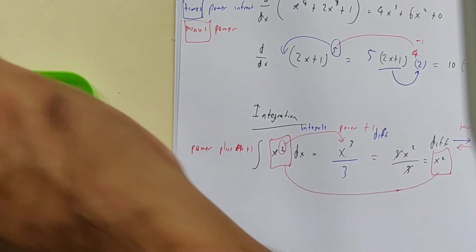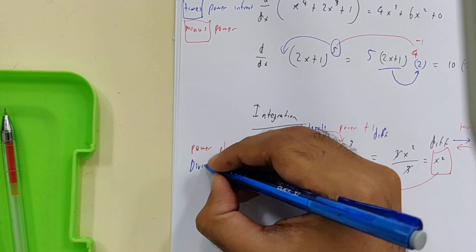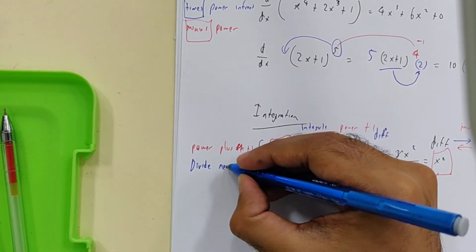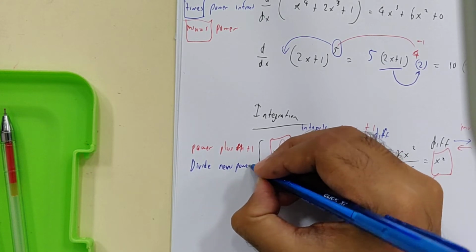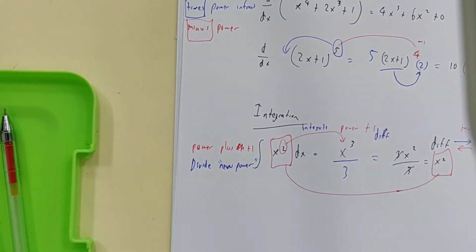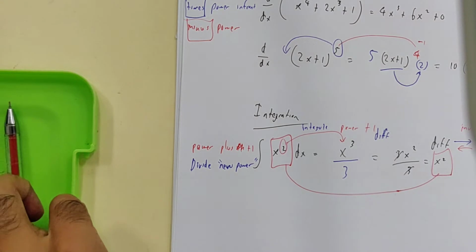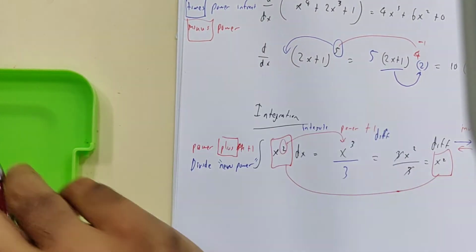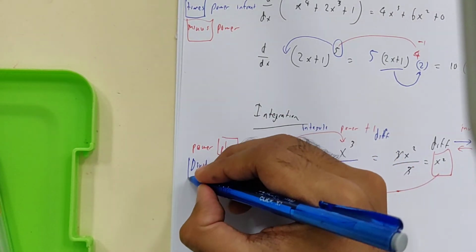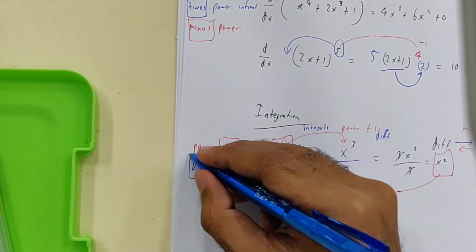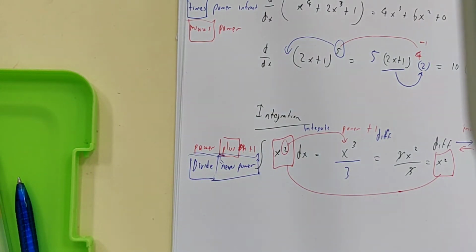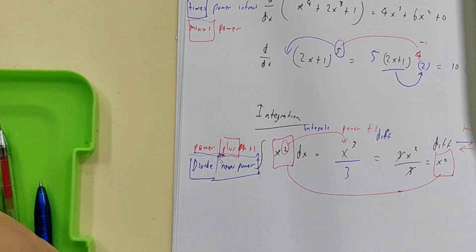And then it's divide the new power. So in this, the main difference is it plus and then dia divide new power lah, if you want to say divide only. You okay? Cool? Too much already?